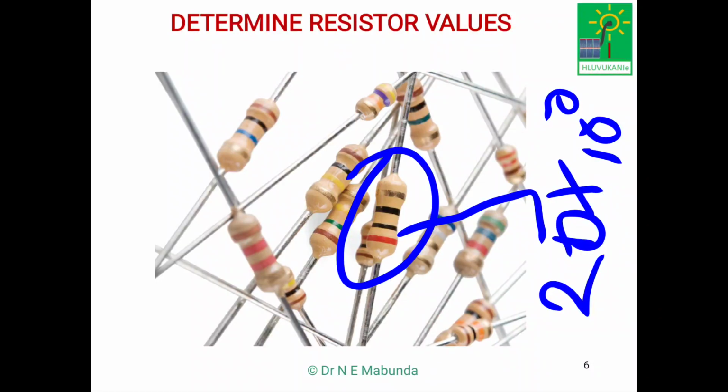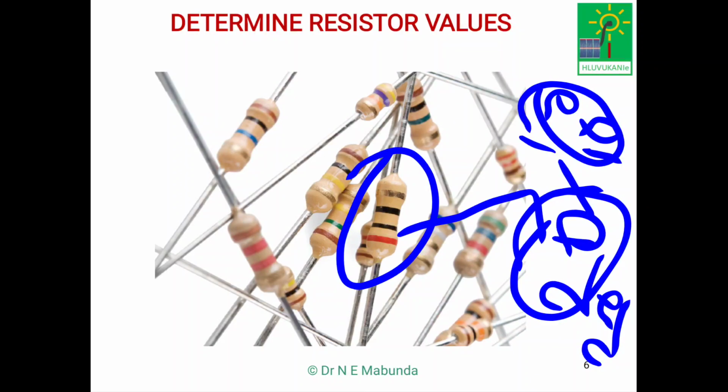Any number to the power 0 is 1. So 20 times 1 is 20 ohm. And the last color being gold means it's got 5%. So it can vary around 20 by 5%. What is 5% of 20?